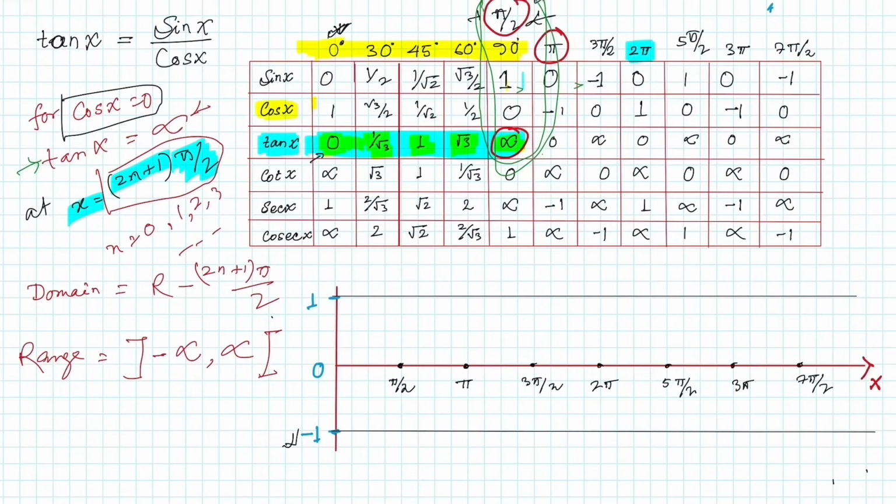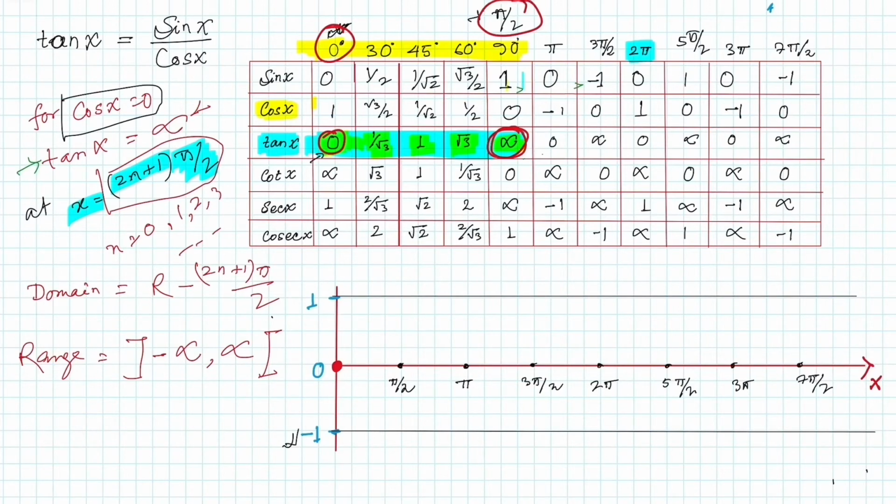Now let me draw the graph. Okay, let me draw the graph of tan x. So here you see, at those points, tan 0 is 0. We already got to know that tan 0 is 0. So here is the point 0, and tan pi by 2 is infinity.